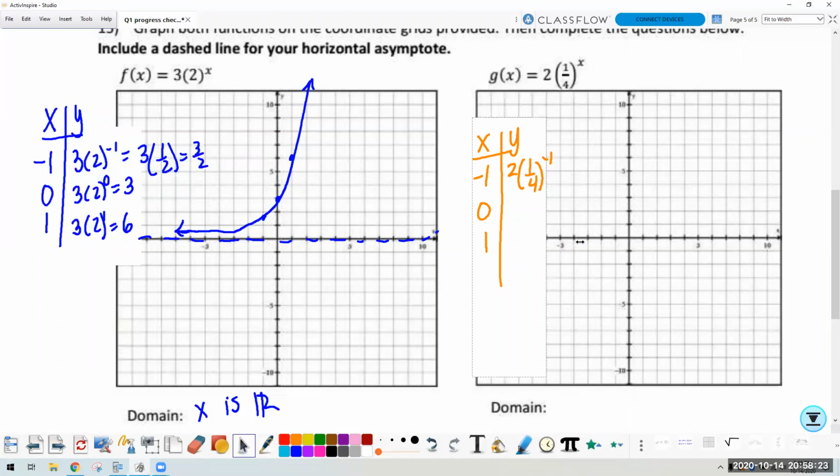So I have that 1/4 and the -1, which is 2 times 4, so I get 8. 0 is going to give me 2 because 1/4 to the 0 is 1. And then 1, that's going to be 1/2. All right, -1, 8, 0, 2, 1, 1/2.